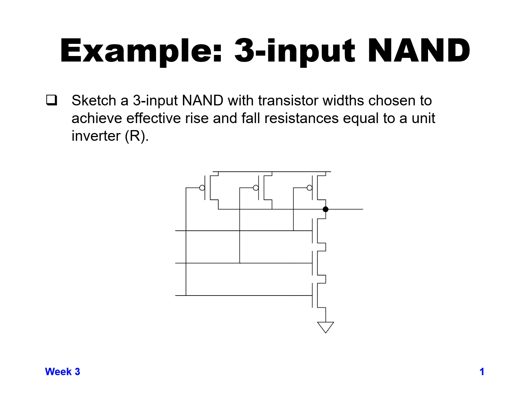So if we have 3 in series, each NMOS device would have to have a unit size of 3.